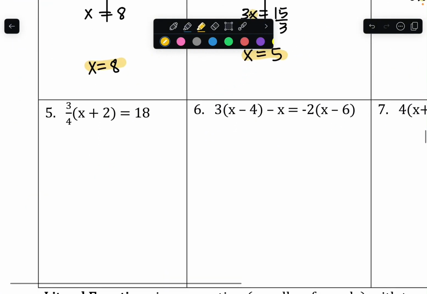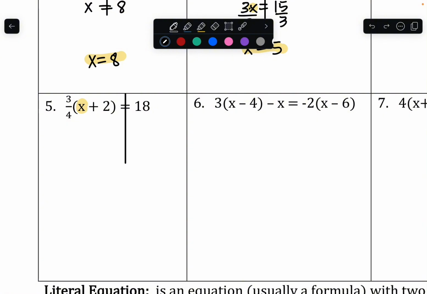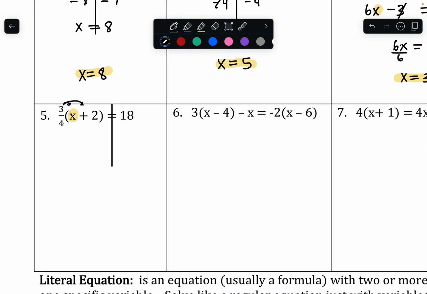Okay. In this next example, there's 2 steps you could approach. So here's my equal sign. Here's my x. He's in a set of parentheses. And so we could either distribute, those parentheses mean distribute, or we could go ahead and get rid of the 3/4 by doing the inverse operation. And so instead of multiplying it into the parentheses, we're trying to get x by itself.